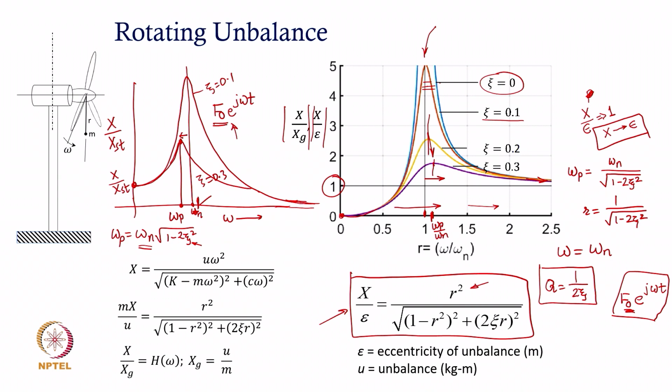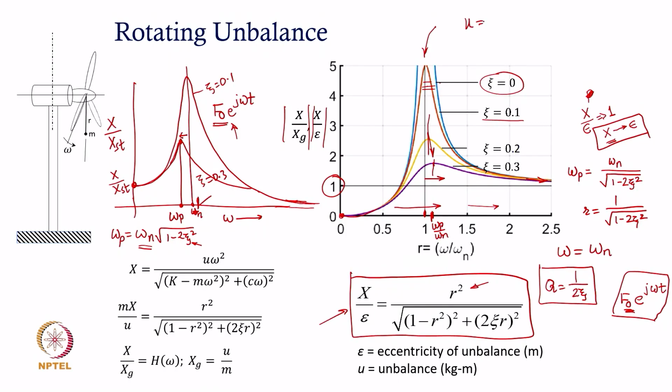To reduce the vibration amplitude x itself, our objective is to have a small vibration amplitude. What do you do? You reduce the unbalanced eccentricity. It is like reducing the unbalance itself, u equal to m times epsilon. You cannot change the mass. So, if you try to reduce this epsilon value, you eventually will reduce x.